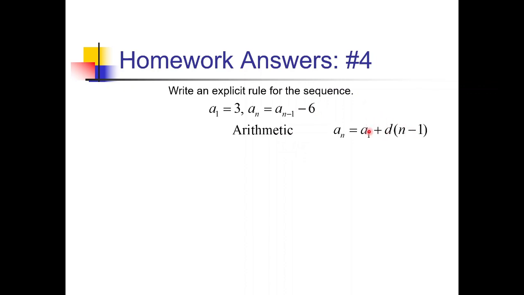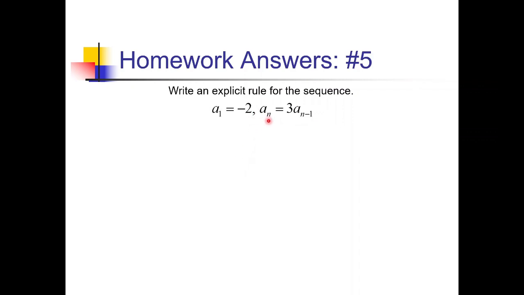A sub 1 in this case is 3, so we can plug that right in there. And then for my d, that's the thing that I'm subtracting each time here. So that'll be a minus 6 times n minus 1. And then I have to simplify this. So 3 minus 6n plus 6, and that's going to be negative 6n plus 9 if I fully simplify that.